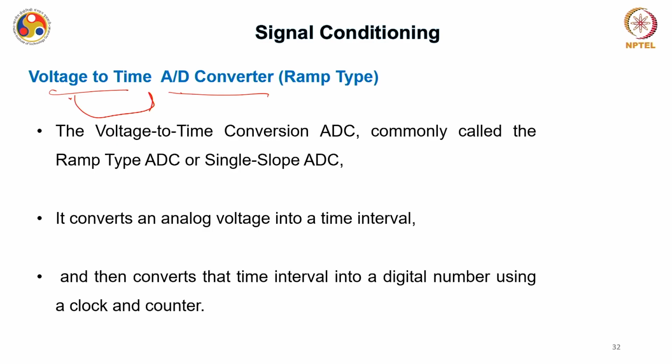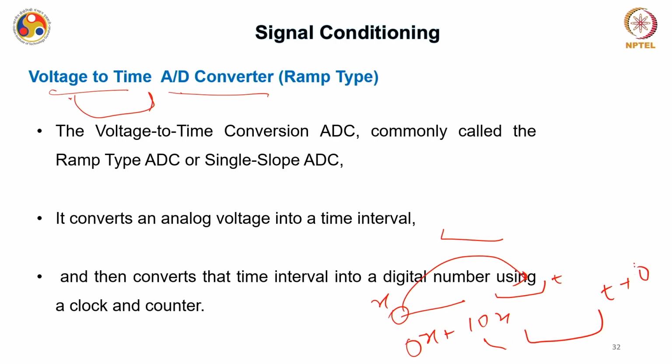or voltage to time interval and then converts that particular time interval into a digital number using a clock and a counter. A clock and a counter is required because what you are doing is measuring the time interval, depending on the voltage, say if it is less or it is more, say x and say 10x, I will convert it to a time interval, maybe t and another 10t.